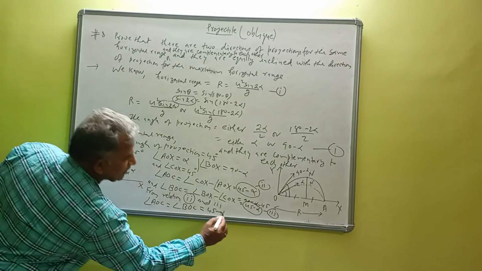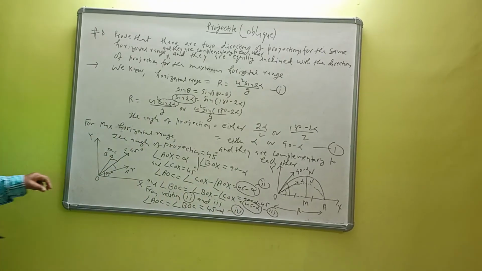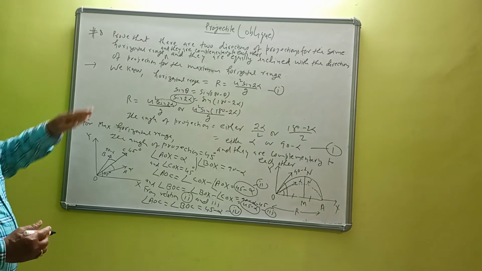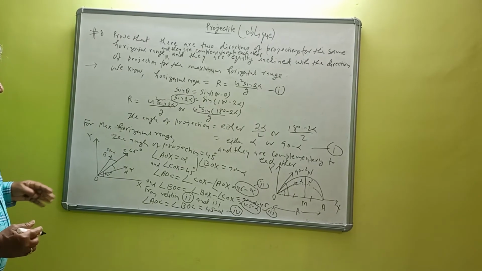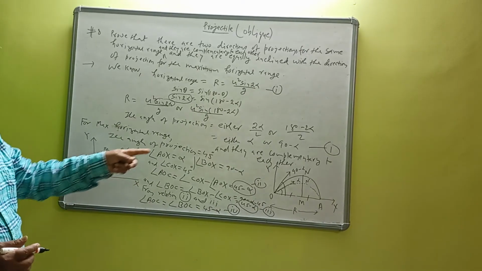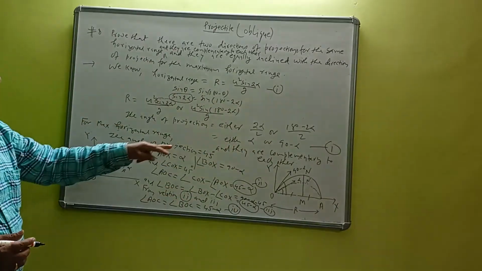And this is the fourth relation. Now these topics I have already explained at great length, and just see that the first part is alpha and 90 minus alpha, two angles which are complementary.